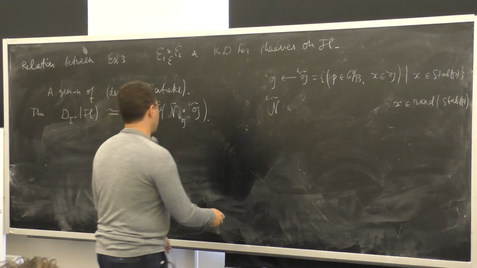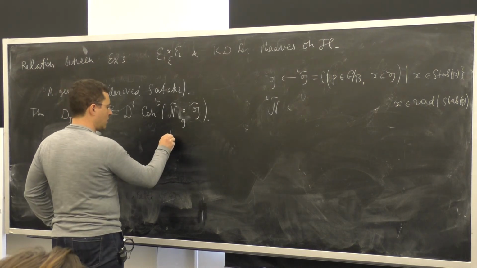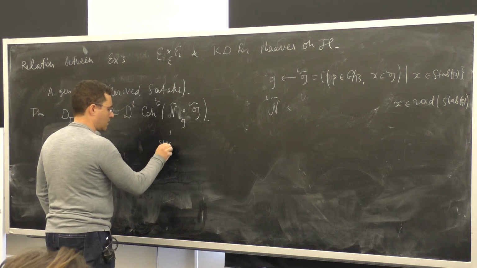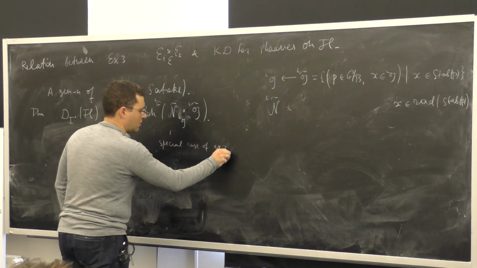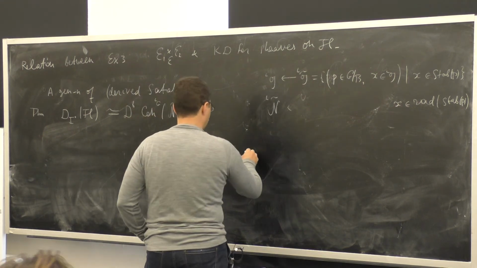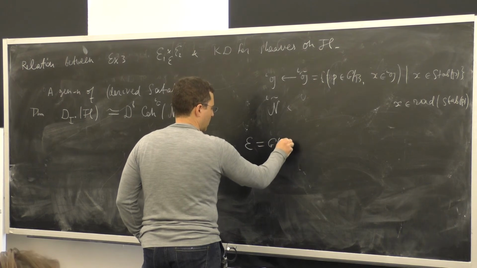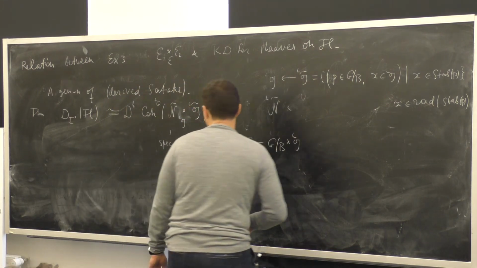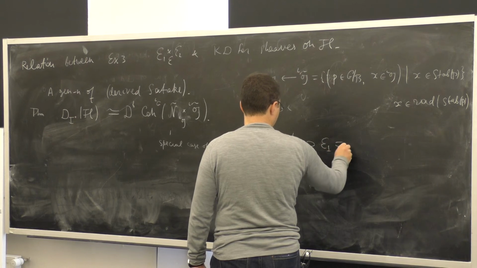But so I just want to mention that this is a special case of example 3. Namely, I'm saying that if you take E to be the trivial bundle with fiber GL, and then it contains E1, which is N tilde.